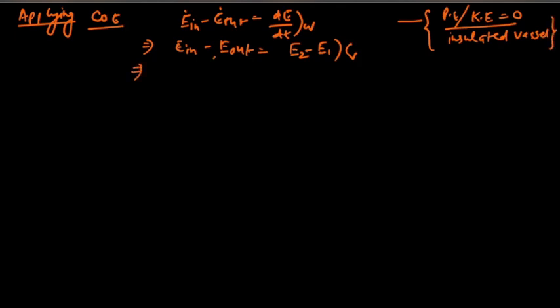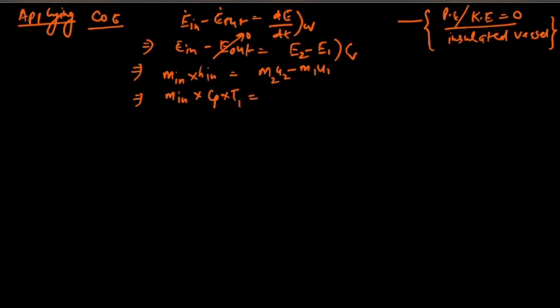Now we have taken the assumption that potential and kinetic energy changes are 0, and an insulated vessel. Therefore there is no outgoing energy, therefore E in will be m in into h in, that is the enthalpy of incoming air, and E2 minus E1 will be m2 u2 minus m1 u1. Therefore m in into h in is m in Cp T in. The incoming air's temperature is T1.